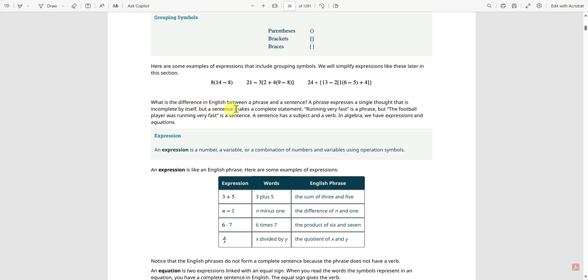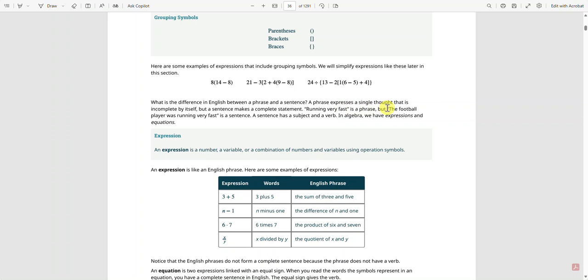A sentence makes a complete statement. A sentence is a complete statement. A phrase is part of a sentence. It's an incomplete statement. We see an example here. Running very fast. Running very fast is a single thought, but it's incomplete by itself. It's a phrase, running very fast.